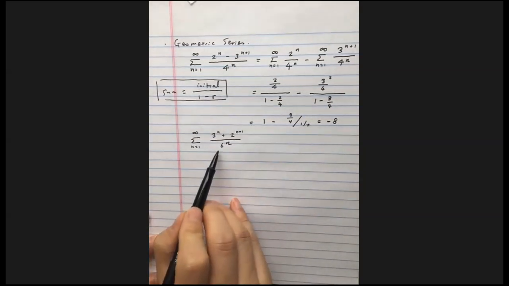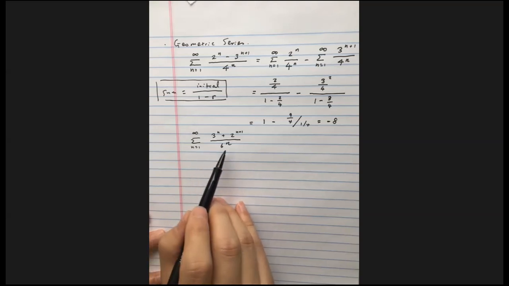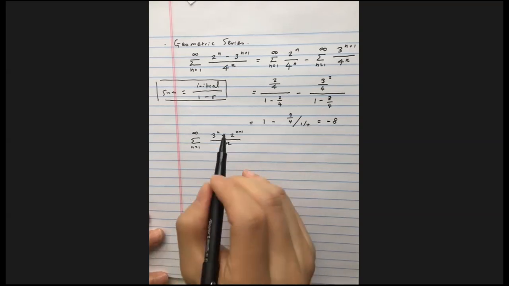This is not a geometric series on its own. This is not one single geometric series. But it can be split into 2 different geometric series summed up because of the summation here.